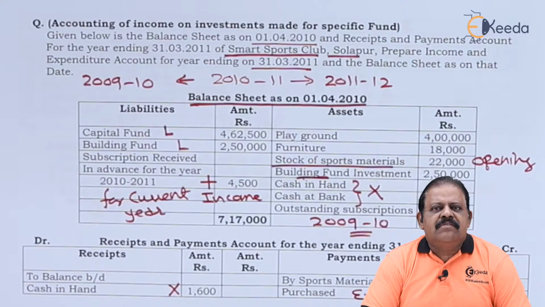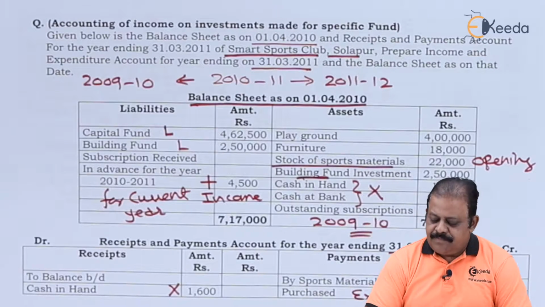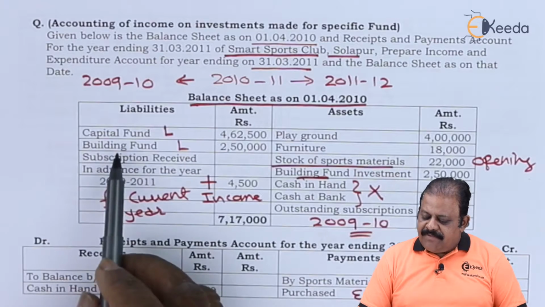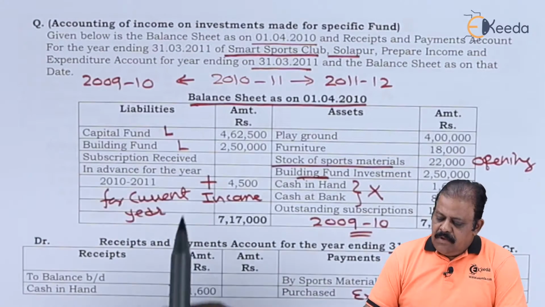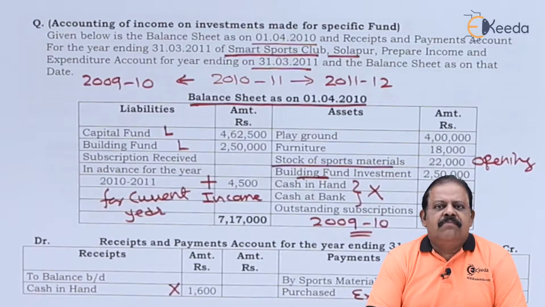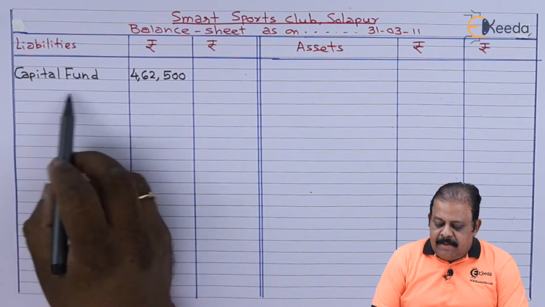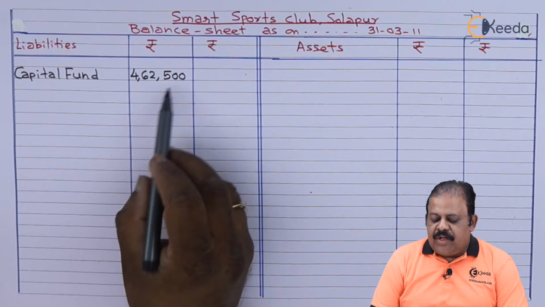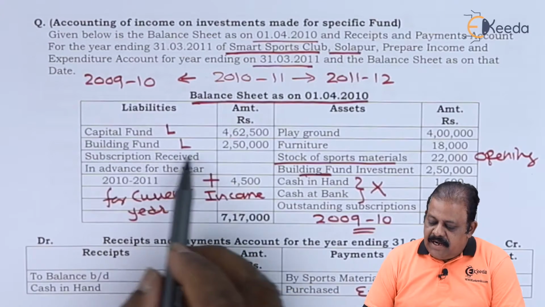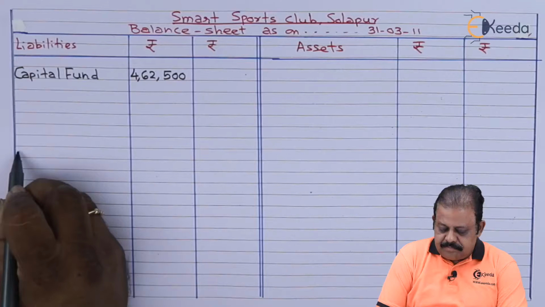Let us start with the opening balance sheet. Here first we have capital fund. Capital fund will be recorded in the closing balance sheet on the liability side as the first item. Liability side capital fund 4,62,500. Next we have building fund 2,50,000.